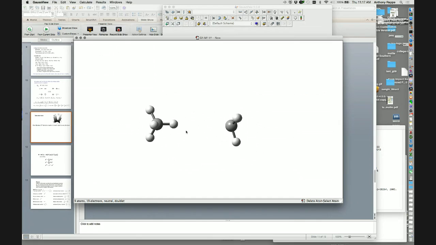I'm going to go up in energy, up in energy, up in energy, and then I'm going to start going down in energy. So we would move along with a constraint, and then come down on the other side and say that that is the transition state.